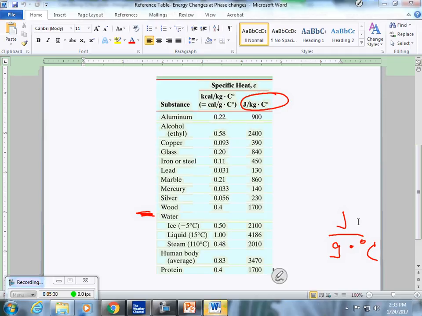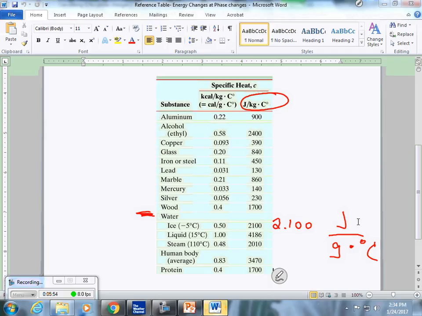So what I'm going to do is make a simple conversion, and I'm going to tell you the conversion. All we're doing is moving the decimal place 3 to the left. So for ice, it's going to be 2.1 joules per gram times degrees Celsius.